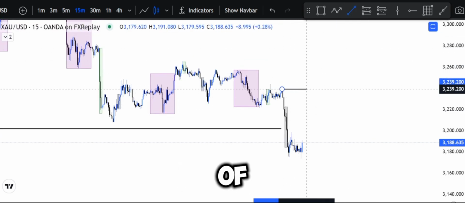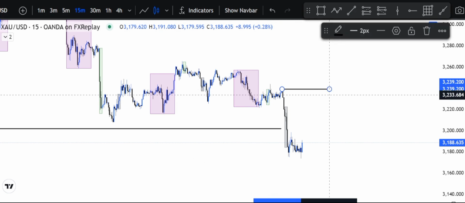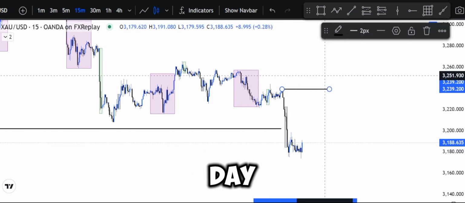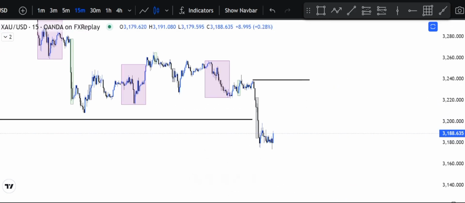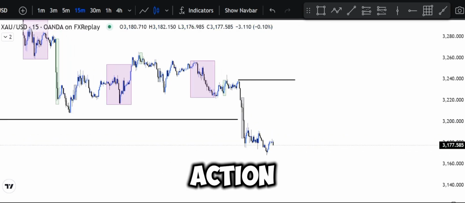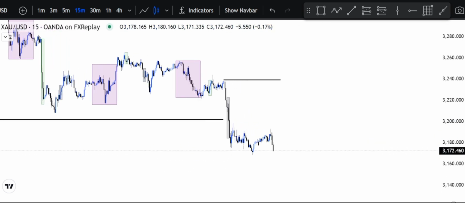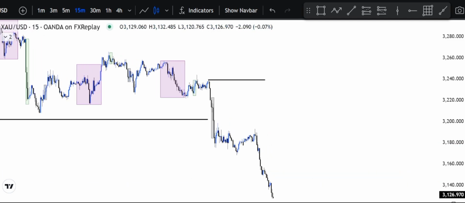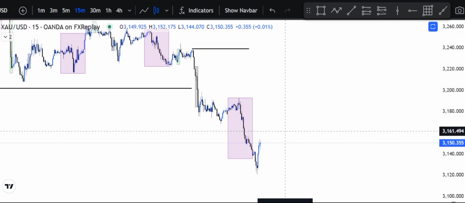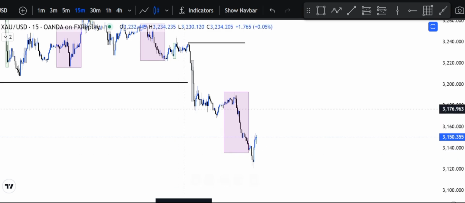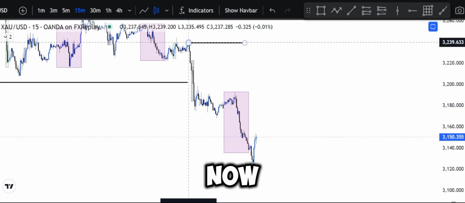Our nearest break of structure is this high, which can take up to the next day. Let's forward the price action. Now we have new high.